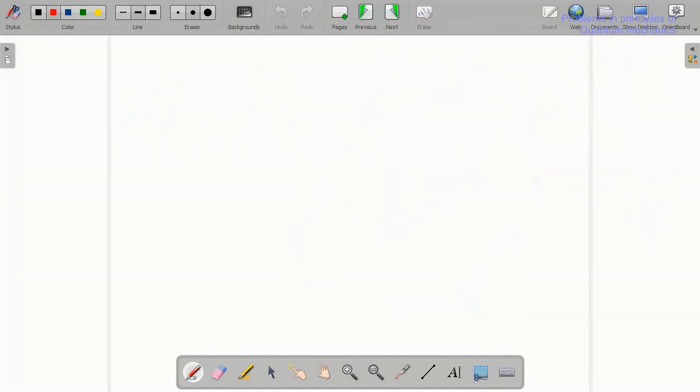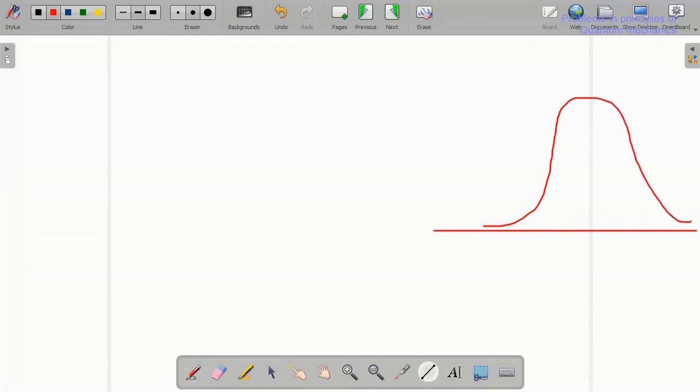The most frequently used wave function is the Gaussian wave function. It extends from minus infinity to plus infinity, and if you see, the wave function will be like this.